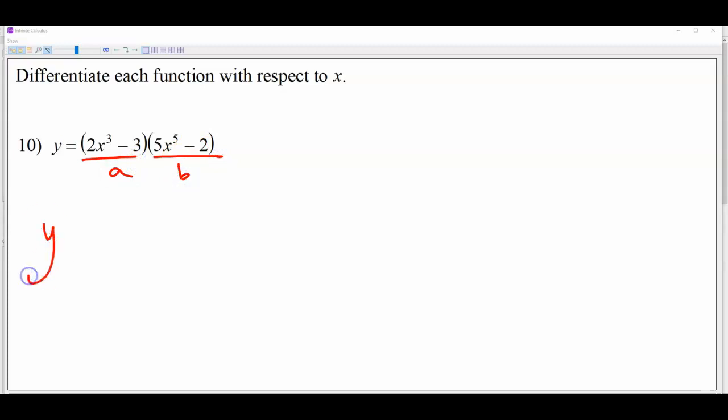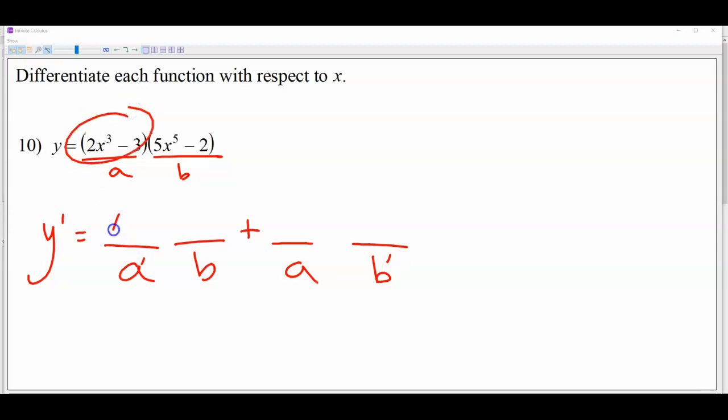Now, anytime you want to take the derivative of 2 functions that are being multiplied together, the product rule works like this. You do A times B, but in the first set, you're going to have the A being primed. In the second set, you have the B being primed. So A prime is going to be 6x squared, and then B just stays the same.